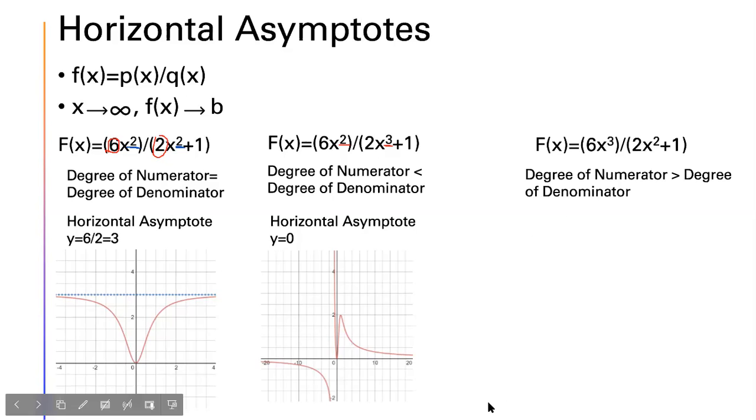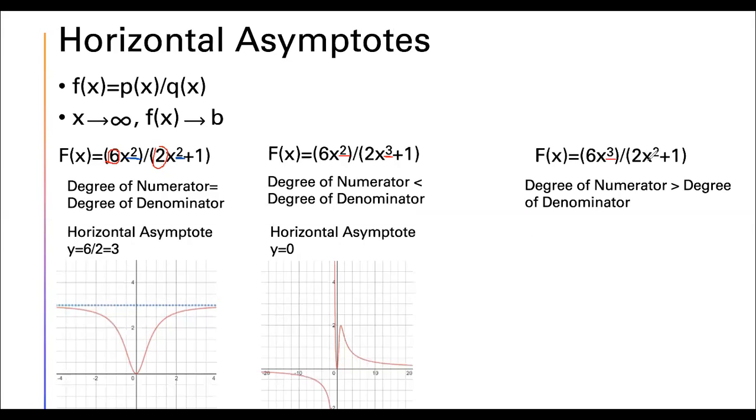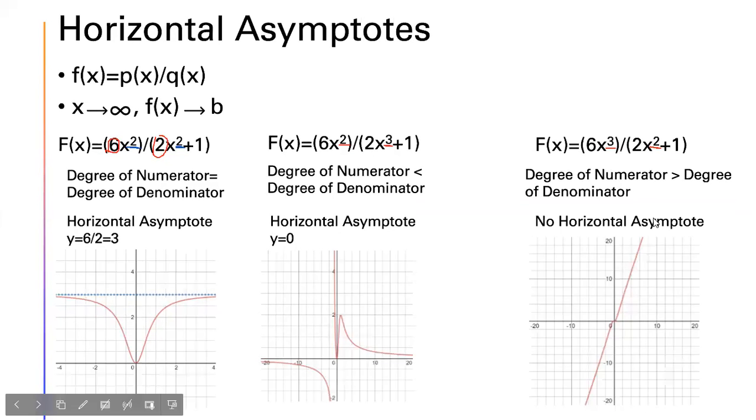The next scenario is when we have 6x cubed divided by 2x squared plus 1. So the degree of our numerator is 3, and that's greater than the degree of our denominator, which is 2. So in that case, there's no horizontal asymptote. And this is a graph of our function.